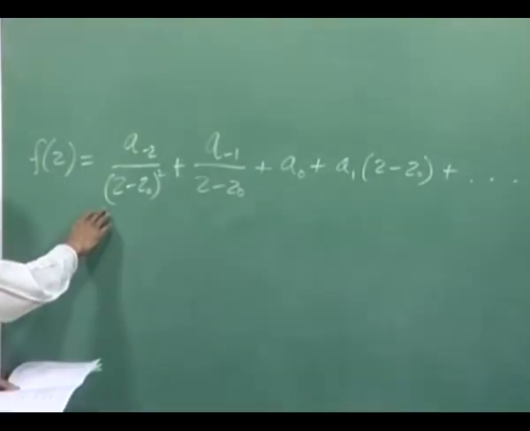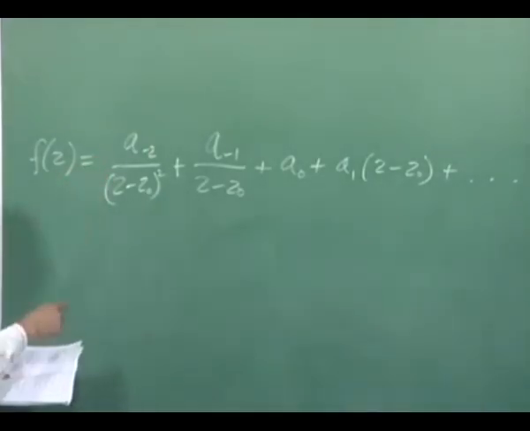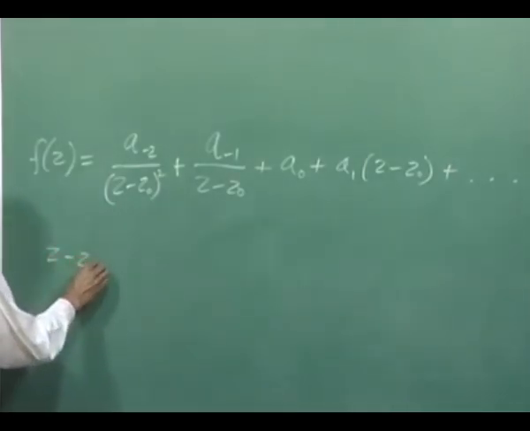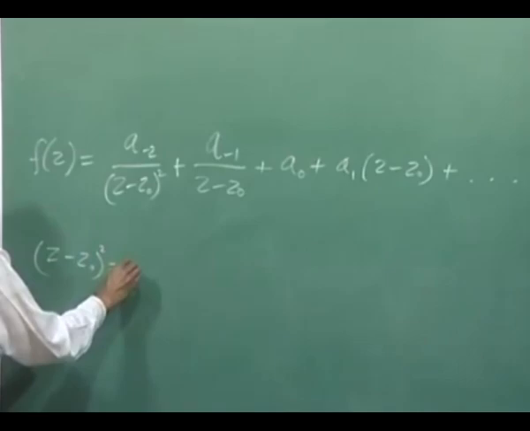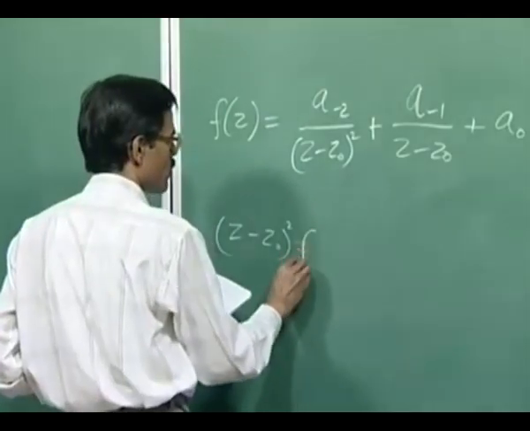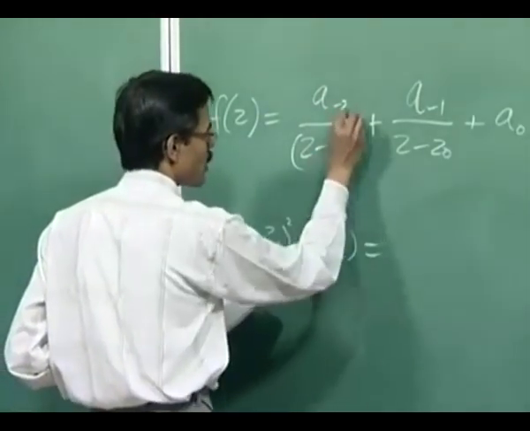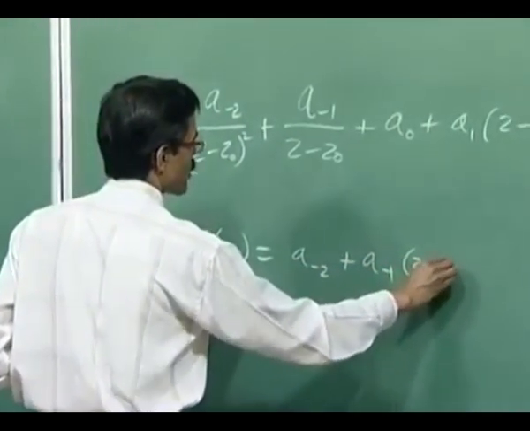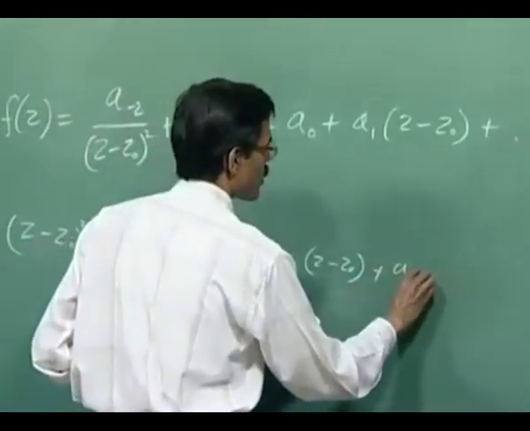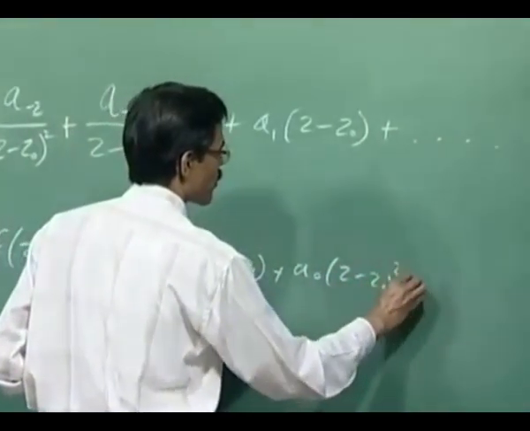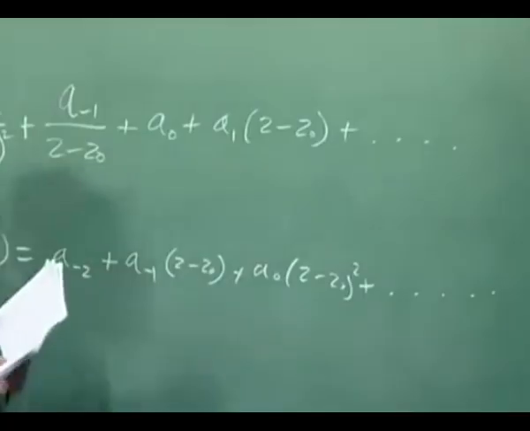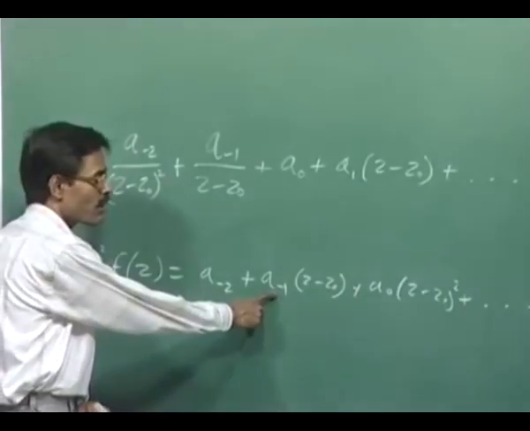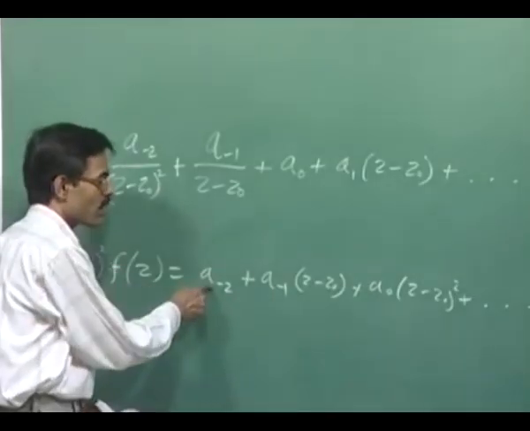This is the situation with a pole of order 2, and for this, if you want to find the residue at z0, then you multiply it with z minus z0 whole square, and you will get a minus 2 plus a minus 1 into z minus z0 plus a0 into z minus z0 whole square, and so on. But when you want to find the residue, your intention is to find a minus 1. So immediately you do not substitute z equal to z0, because then you will get a minus 2 and not the residue.